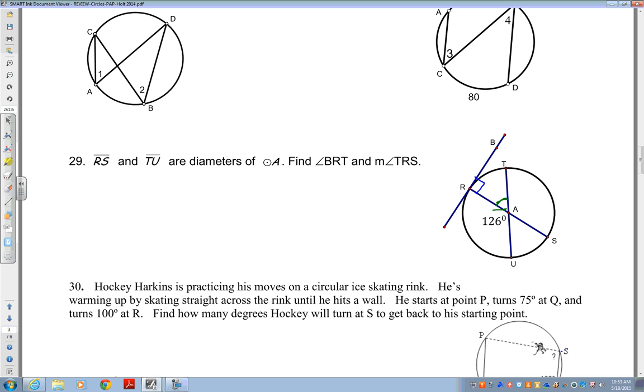The measure of that central angle would be what? It's 54. So that means the arc RT is also 54 because it's a central angle. Does that make sense? So we got 54, and 126.